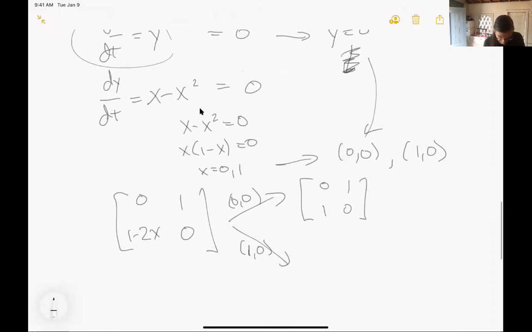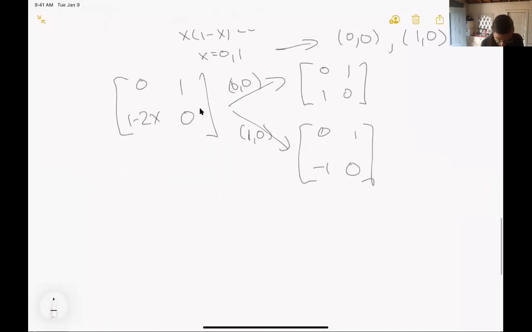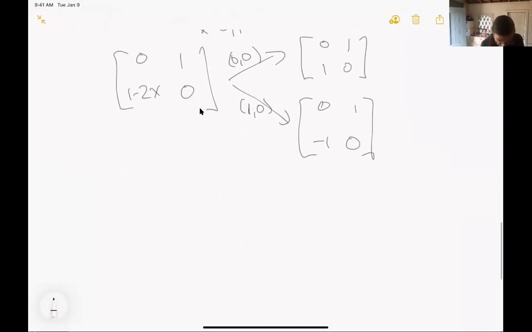And at (1, 0), we get [0, 1; 1 minus 2 times 1, which is negative 1, 0]. Good so far? Okay. Let's keep going. Let's look at what each of these are.